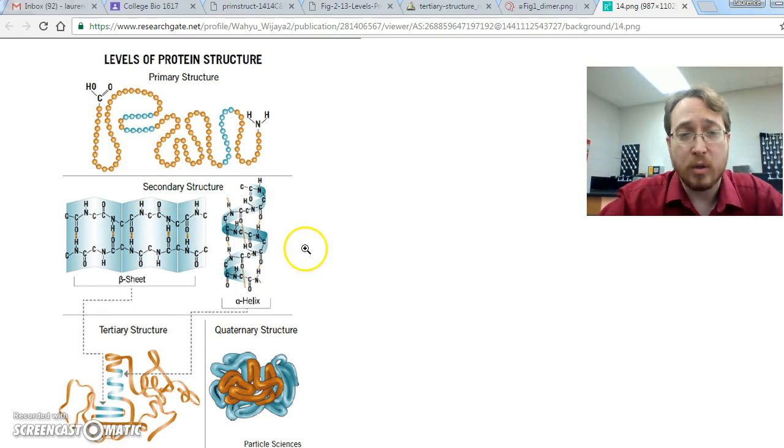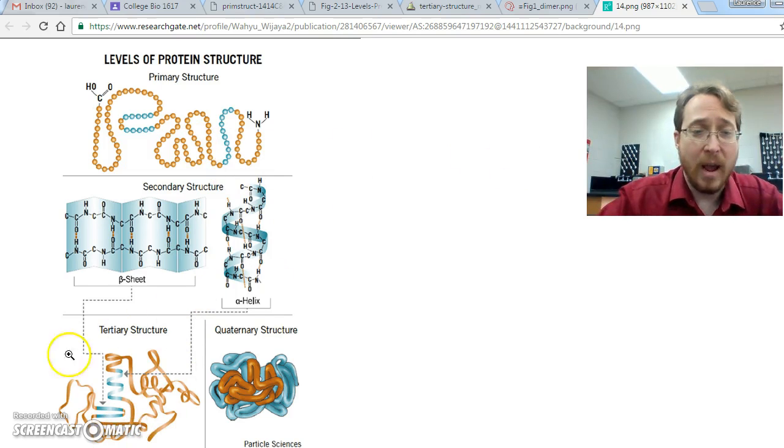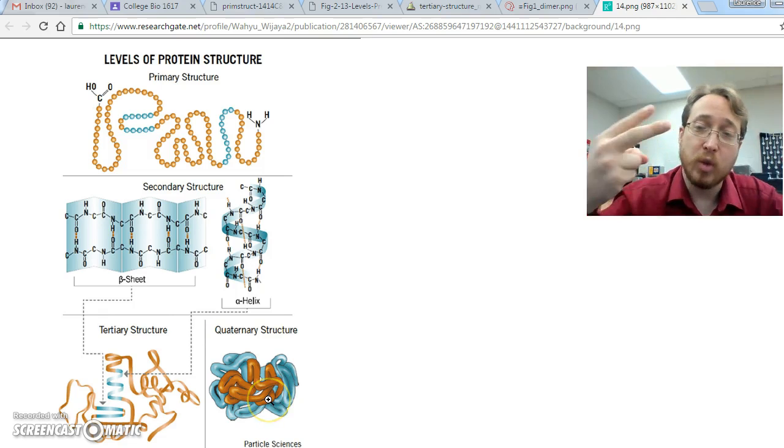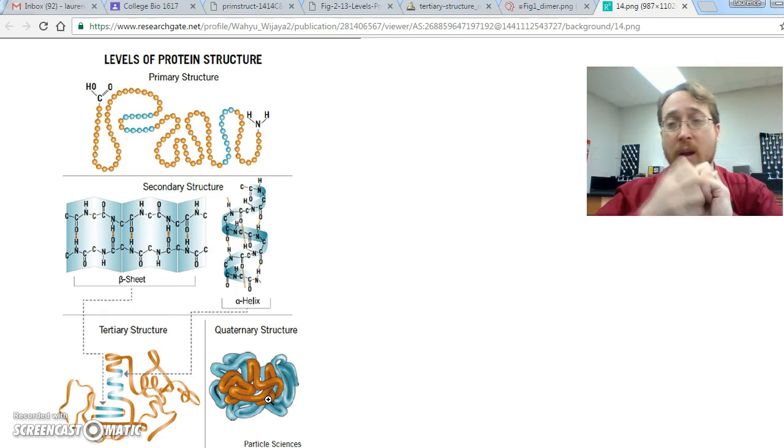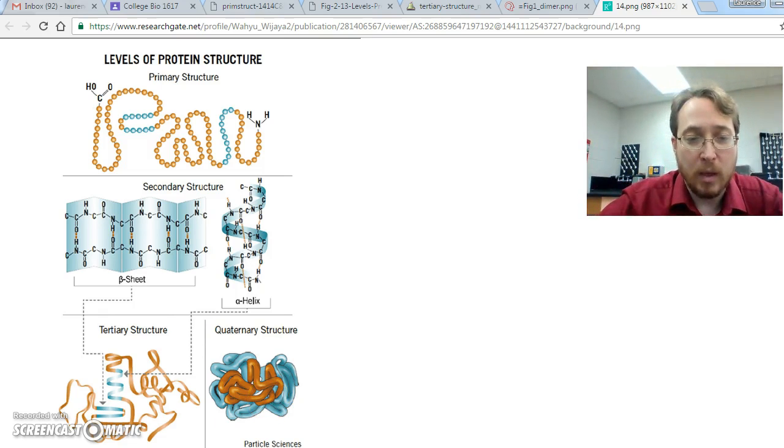The secondary structures are specific shapes, the alpha helix and the beta sheet, which are a consequence of the hydrogen bonding of the R groups from the primary structure. The tertiary structure is what everything else in the polypeptide is doing, folding around the secondary structures. In quaternary structures, you have 2 polypeptides that have fully folded, uniting together to become something useful.